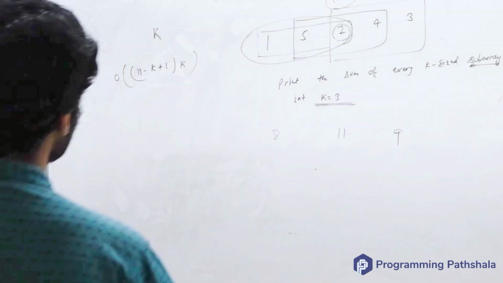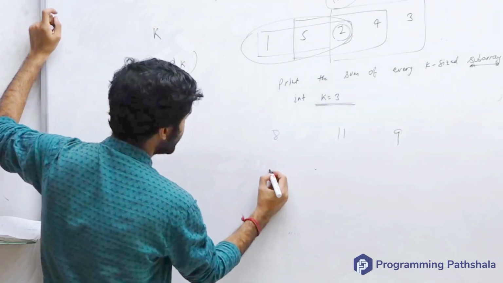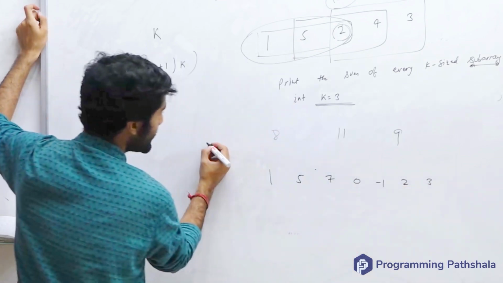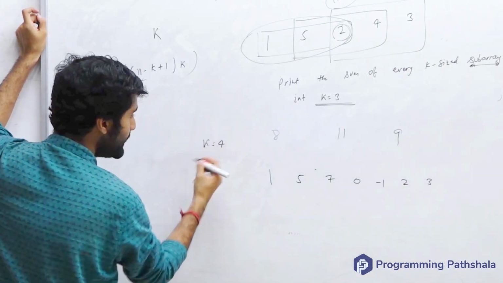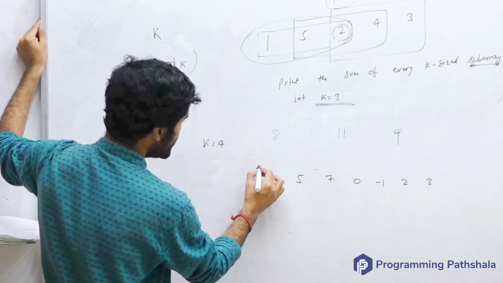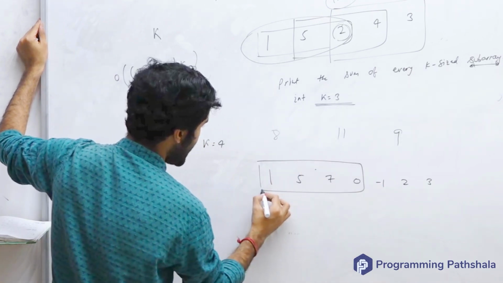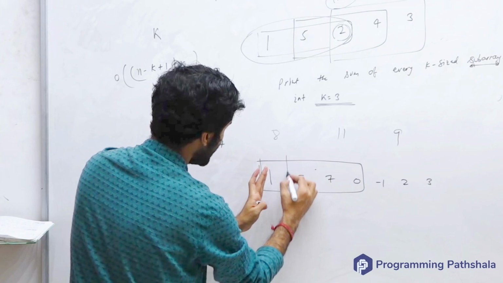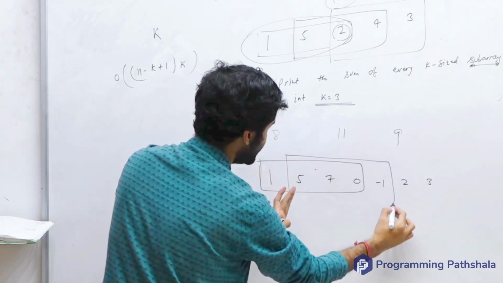Think of it in this way. If you take any array, let's say 1, 5, 7, 0, minus 1, 2, 3, and let's say you are considering every 4-sized subarray. Suppose this was your first subarray and it had a sum s. Now the next subarray will start from here and end here.